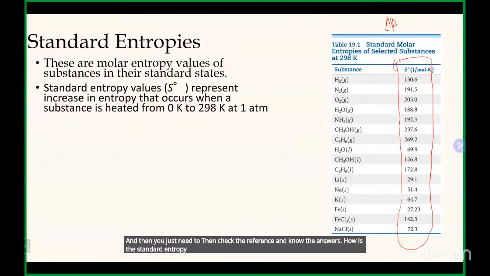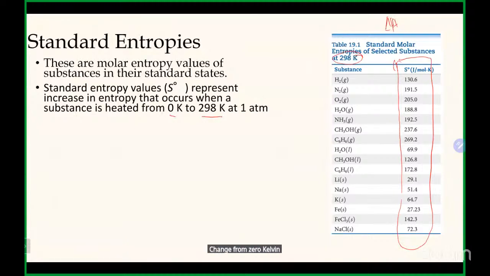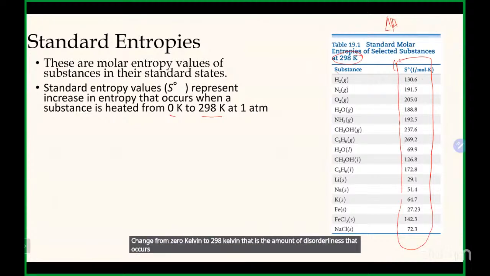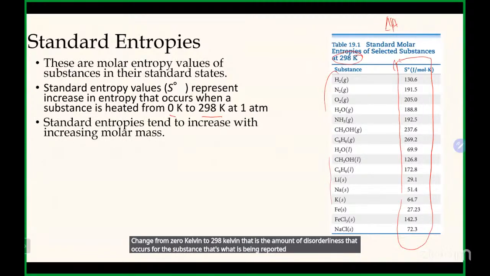Standard entropy or molar entropy is the entropy at 298 Kelvin. So you can look at it as the entropy change from 0 Kelvin to 298 Kelvin. That is the amount of disorderliness that occurs for the substance. That's what is being reported for standard entropy.